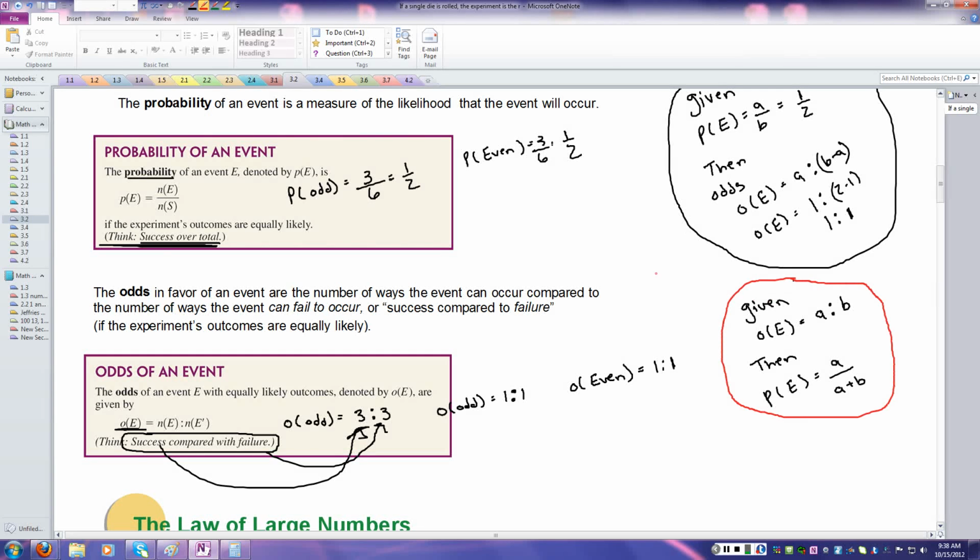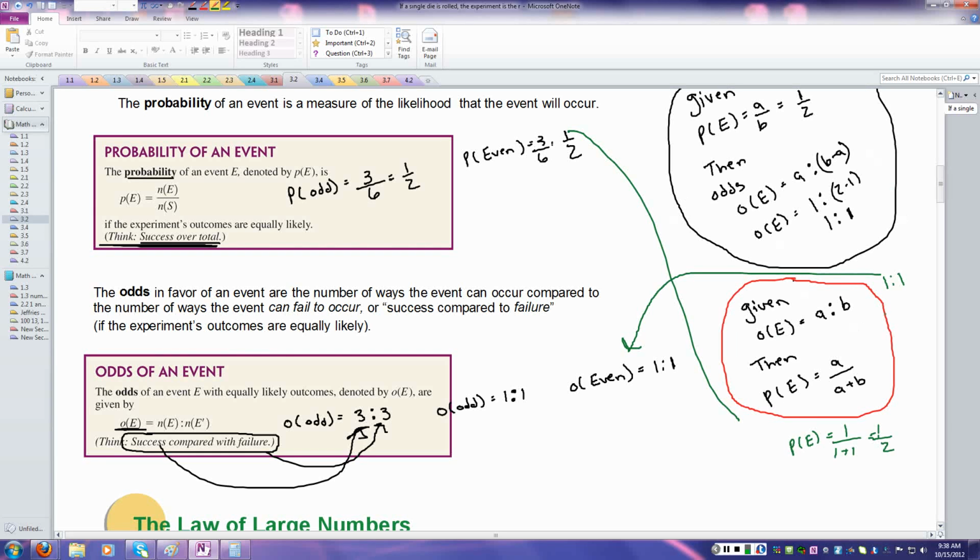So the example here, if I'm given my odds are 1 to 1, then my probability of E is going to be 1 over 1 plus 1, which is a half, which is exactly what it was in this case, right? These are the same case. I'm looking at the odds and probability. And so if I give you one, you can find the other one.